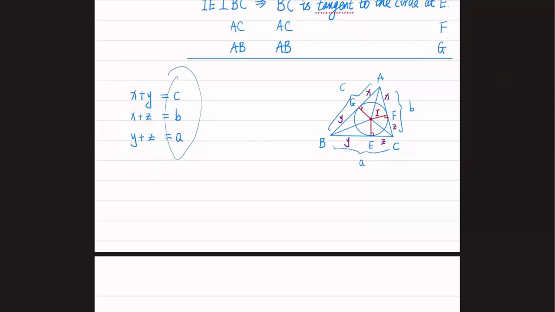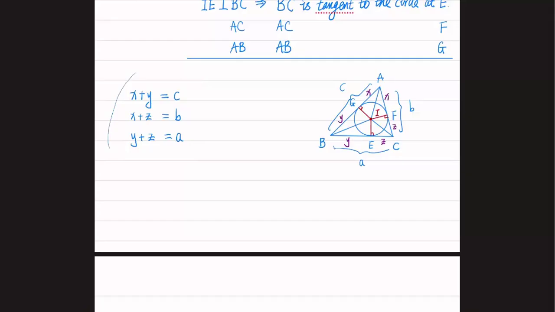You can view these as known. We know a, b, c. We want to find x, y, z. But first, let's add the right sides together.